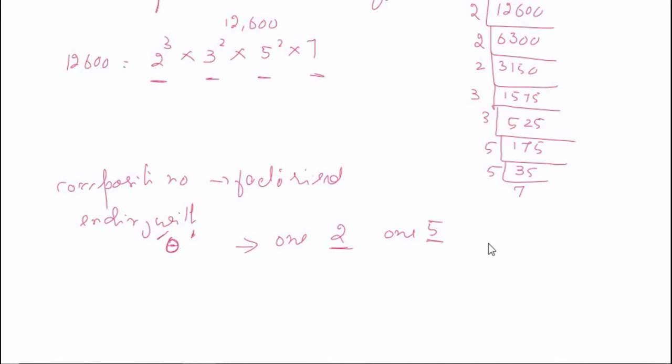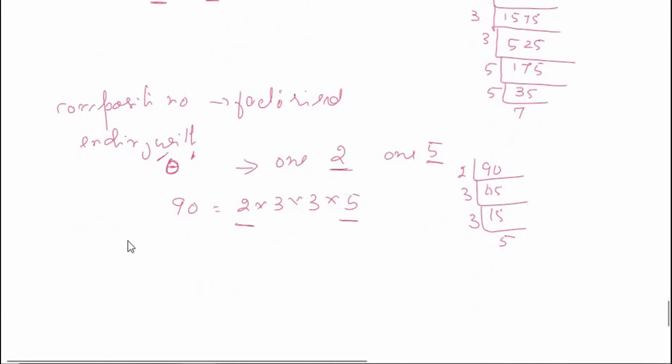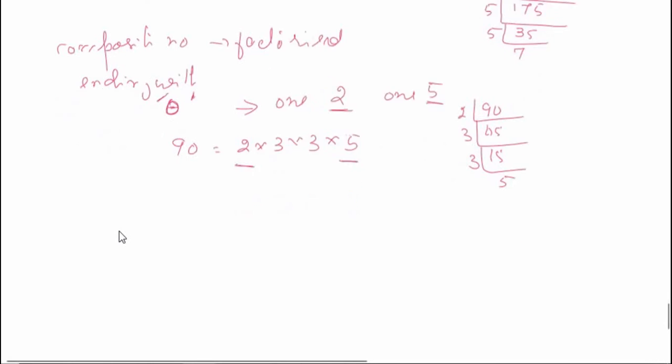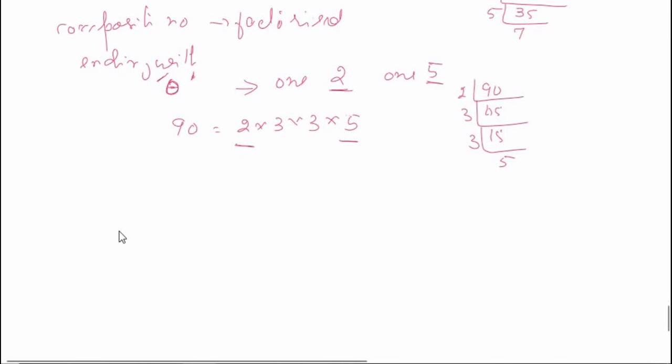Let us try one. 90 is ending with 0, divide by 2, so it is 45. Now divide by 3, so it is 15, divide by 3 again, it's 5. So you have 90 as 2 into 3 into 3 into 5. So you have one 2 and one 5.